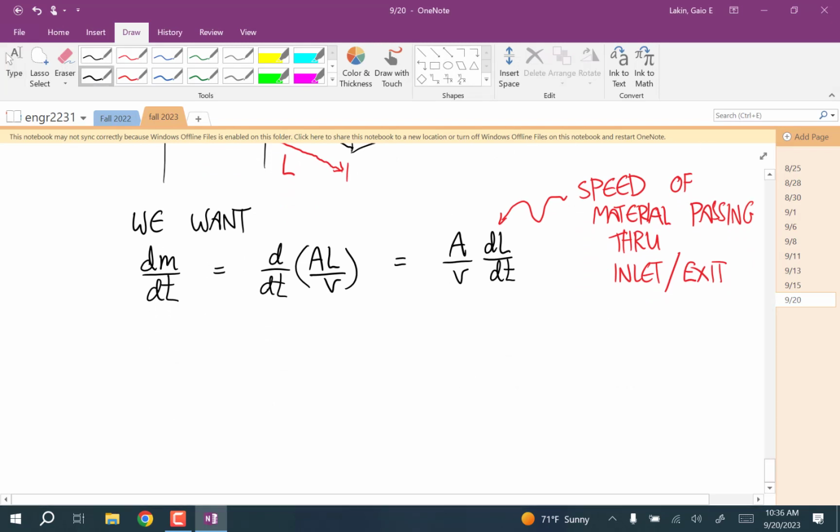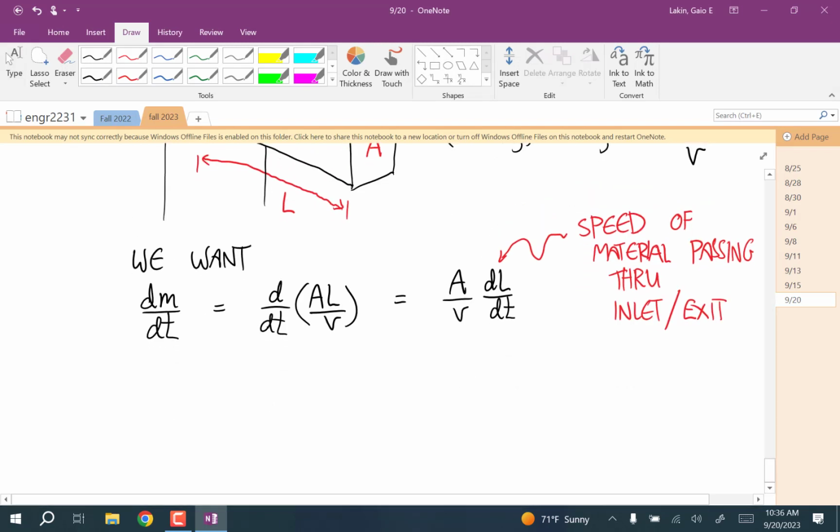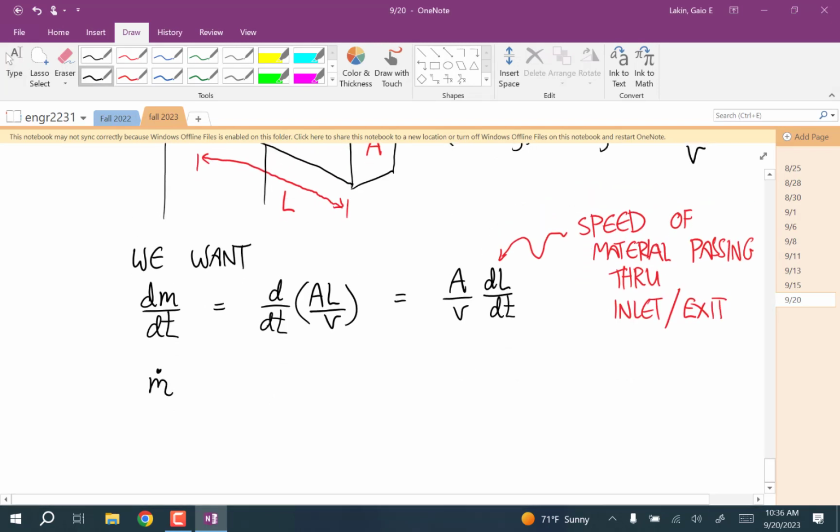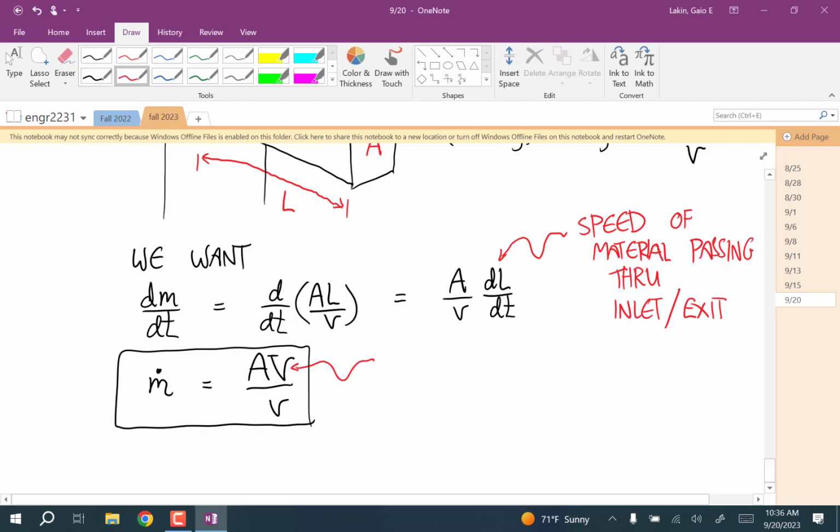And so our final expression is that m dot is equal to A times the speed of the material, that's like an average speed of material going through either the inlet or the exit, divided by the specific volume. And remember that we've been using a capital V for volume, but now in this application, we're using it for speed, for velocity.